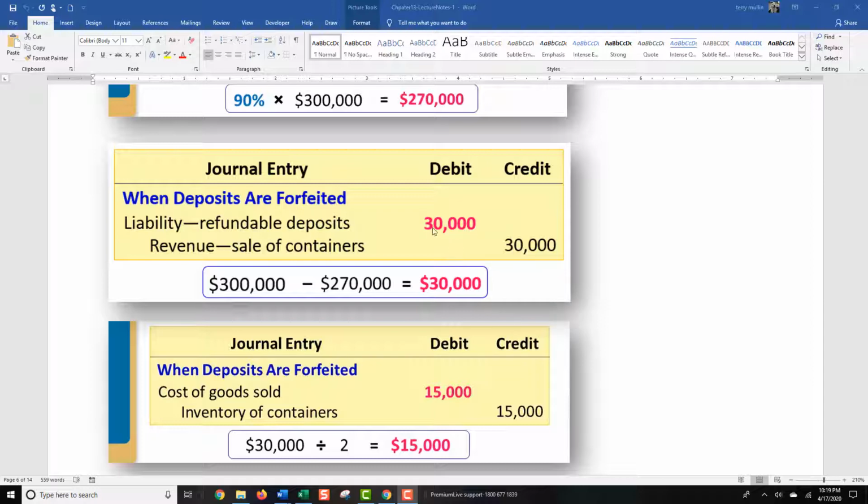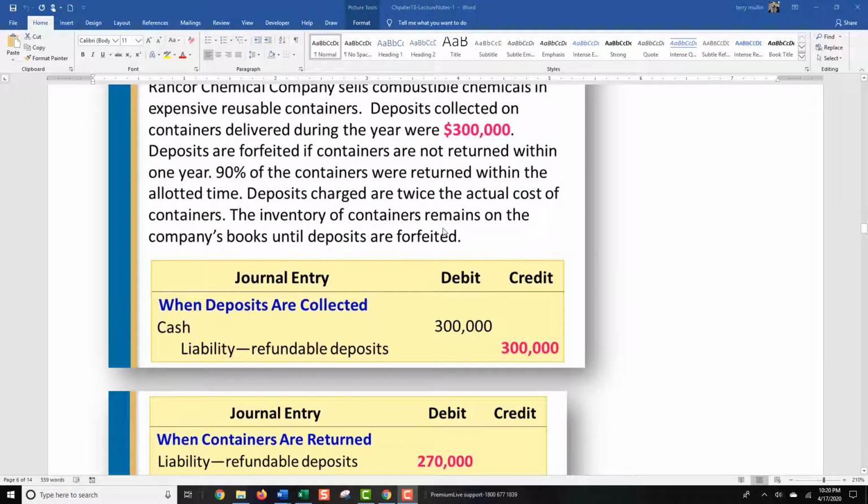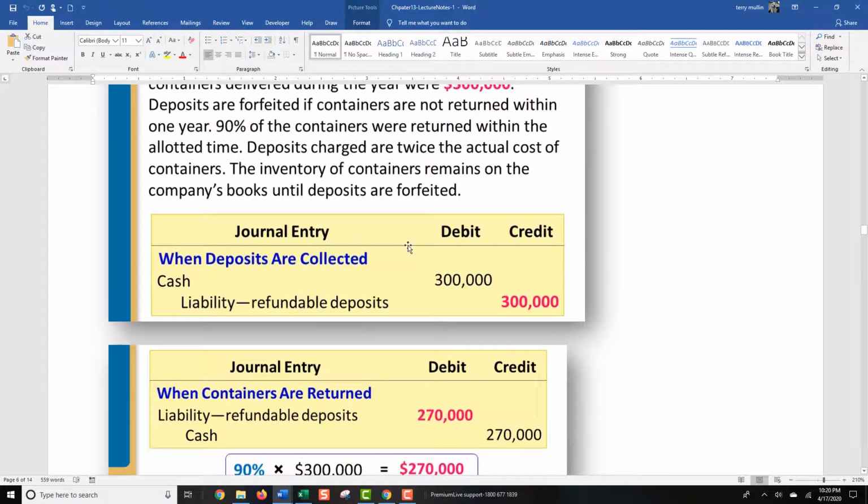But at the same time that you record that revenue and take the liability off the books, remember up here it said that the containers were carried as inventory on the books, right? The inventory of containers remains on the books until the deposits are forfeited.